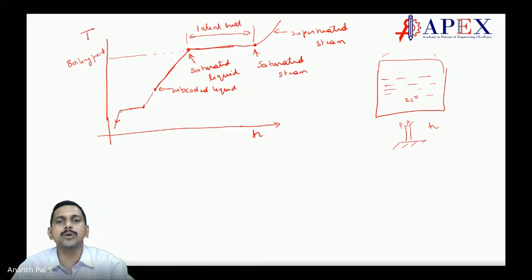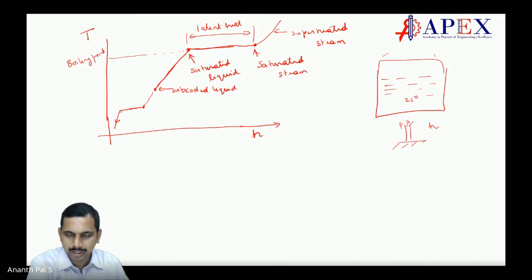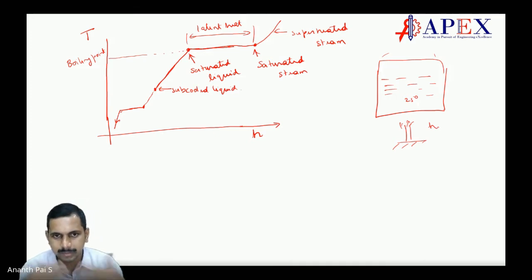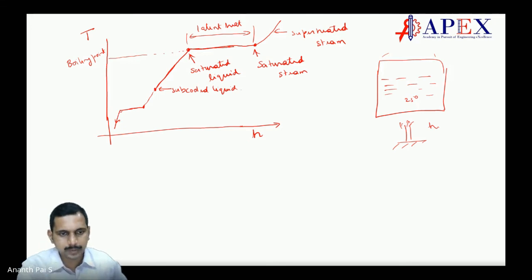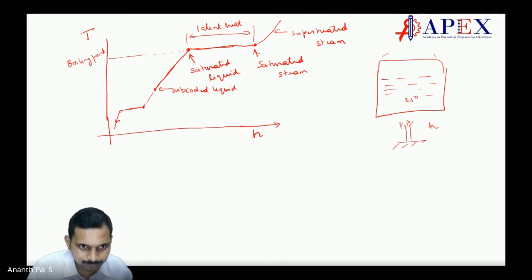Because the heat that you have added is not showing up as temperature. That heat is used to change the phase, correct? Makes sense, students? I think you are aware, but it was not understood, correct? And what is this? This is the ice point.